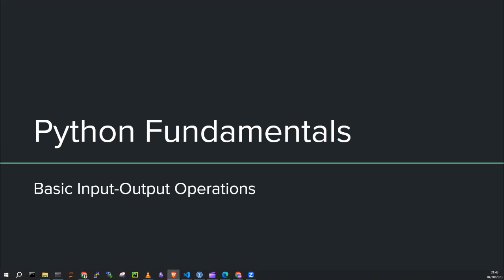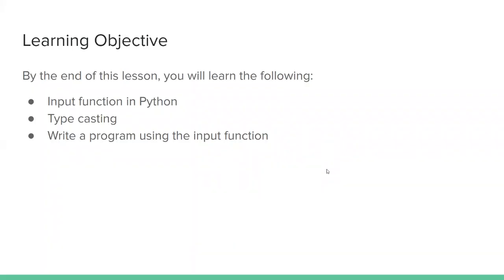Remember, we spoke about data types in the previous video. And we have numeric data types, the string data type, collections, and also, what's the other one? Boolean and others, right?